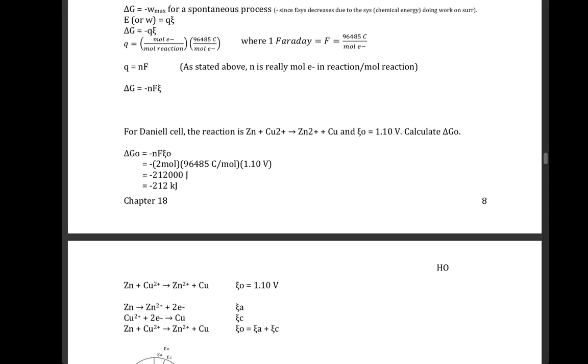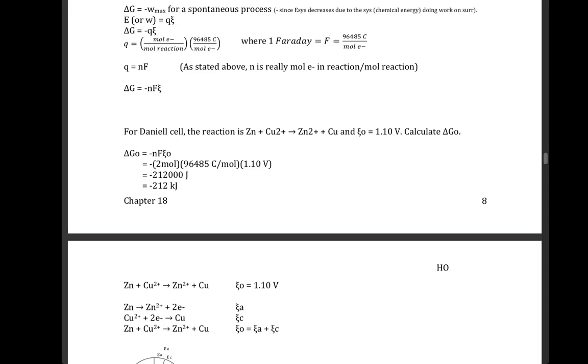And those 2 moles of electrons go to the copper 2+ to give us a mole of copper. So we have a certain moles of electrons per mole of reaction, but we want the charge. So we multiply by Faraday's constant, which recall from higher up on this page, is 96485 coulombs per mole of electrons. So notice that mole of electrons cancels out and we calculate the charge involved.